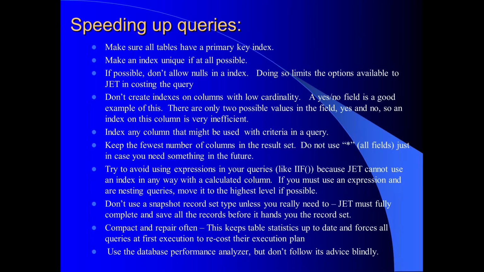And what that means is it's a measure of how unique are the entries in the index. A yes-no field is a great example of this. That has extremely low cardinality. There's only two possible values in that field, a yes and a no. So an index on that column is very inefficient. It's faster for JET to go out and just look through the table.